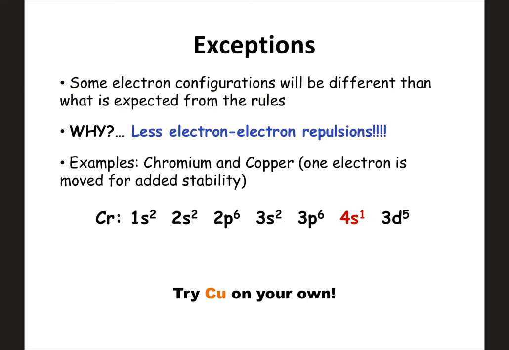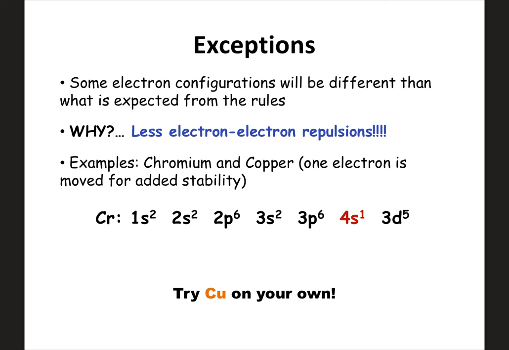The last thing I want to point out in this video, obviously you are responsible for doing all the different electron configurations, being able to determine valence electrons, and so on. I just wanted to point out one other difference here. You might need to go back and review, if you need to, how to do SPDF or kernel notation. But if you remember, we did talk about exceptions in honors. Chromium and copper move 1 electron.